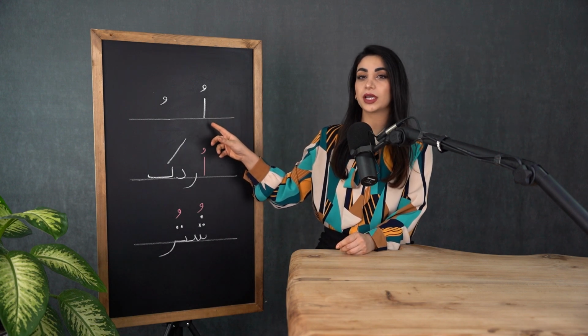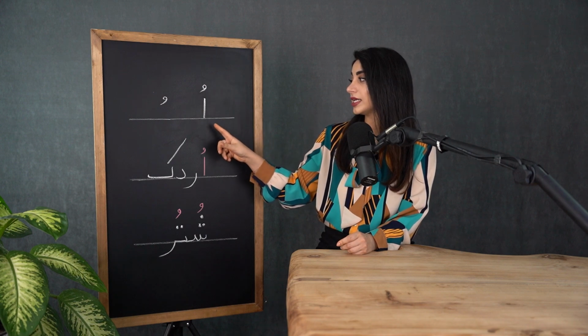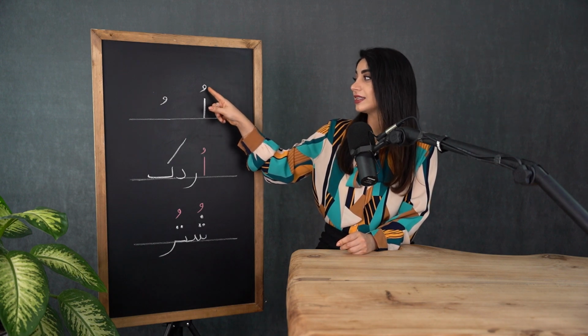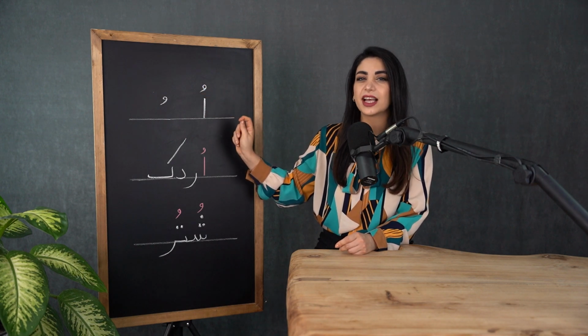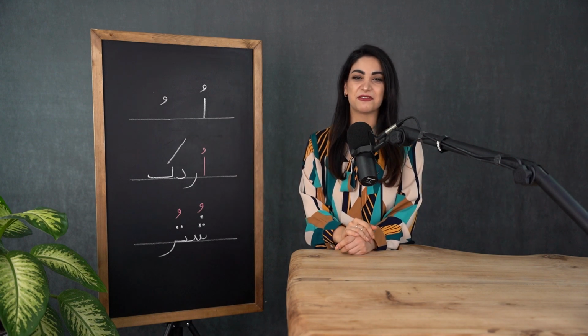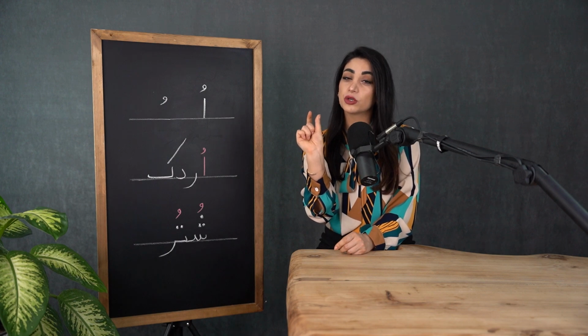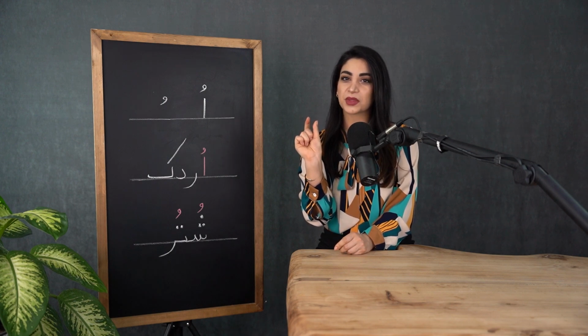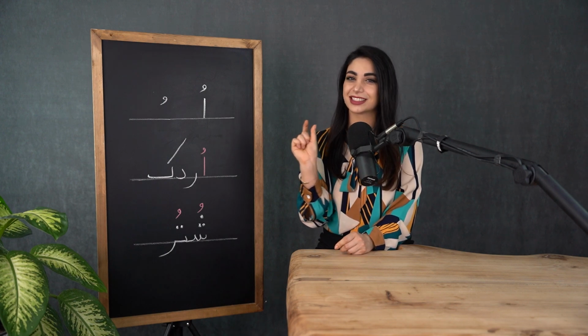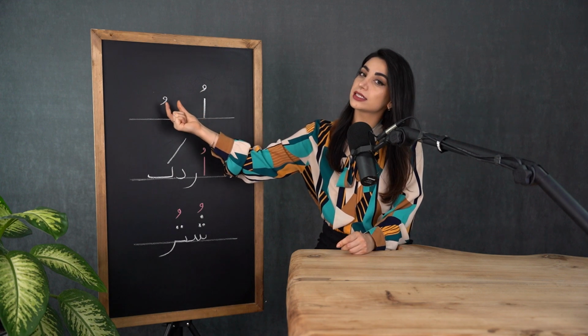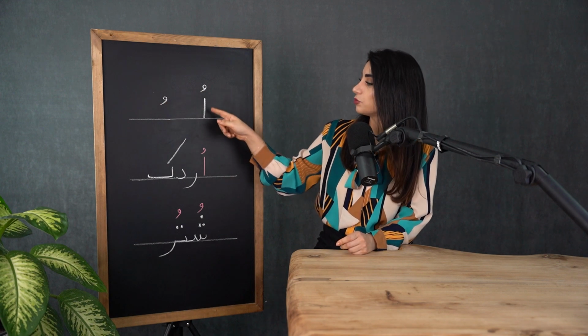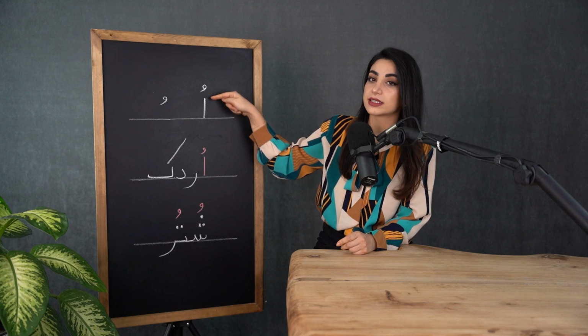Look at the first one. This one is this and this little thing that looks like a very small V. Remember? U, V. We had it in the alphabet previous season. So it's this small V that we put above this.